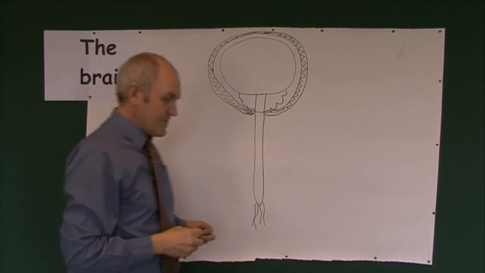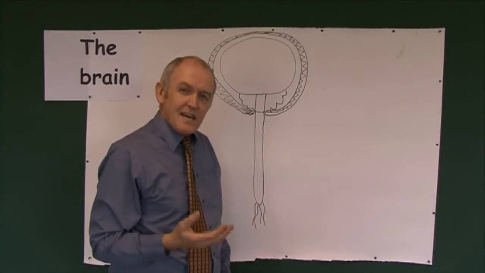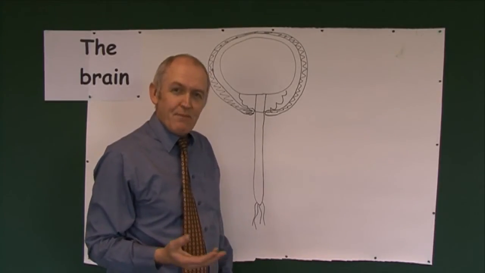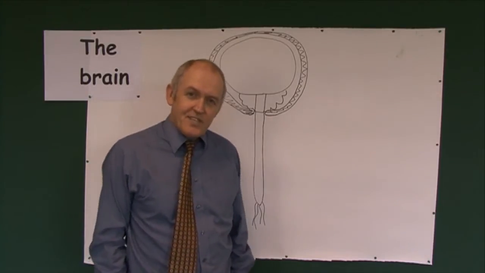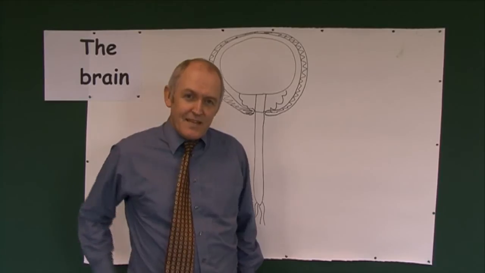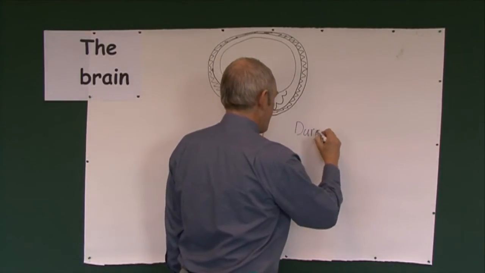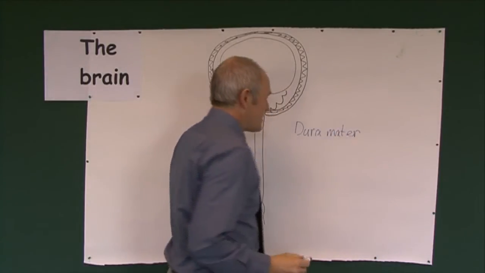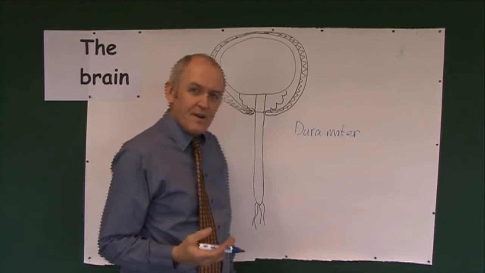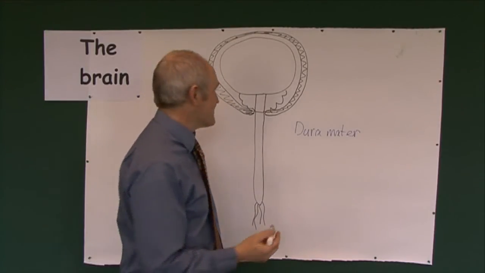Now, in addition to the bone, the brain and the spinal cord are protected by the meninges. And the first layer of the meninges to consider is the Dura Mater. The Dura Mater is made of tough, fibrous tissue, and it surrounds the inside of the skull.